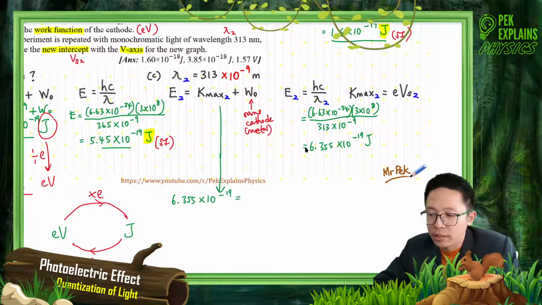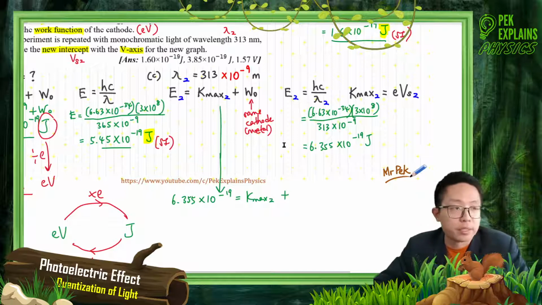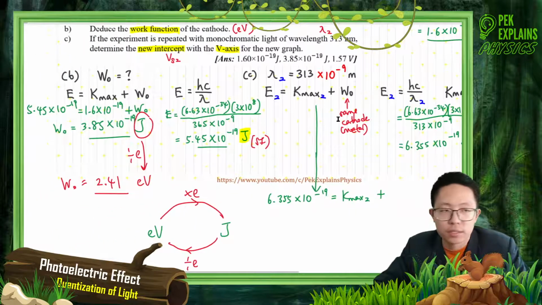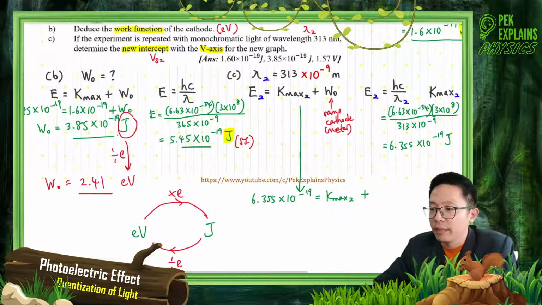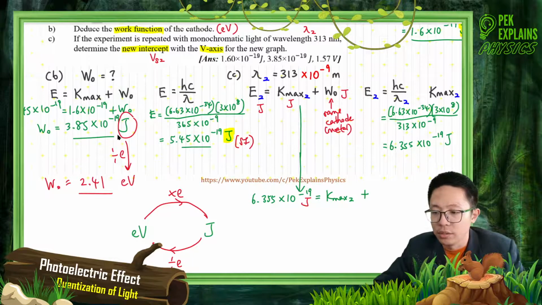And then what's the kinetic energy? Work function: we use the same cathode, same metal, because we just change the radiation, we don't change the metal. So this is 3.85 exponent negative 19. Make sure everything is in joule, so the work function also must be in joule, not electron volt.